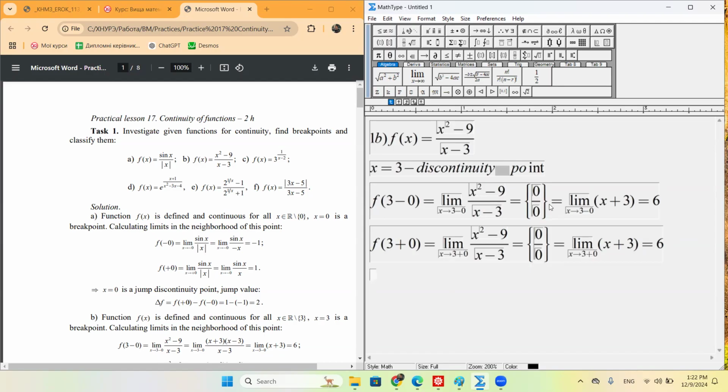And if one of them is infinite or does not exist, the second kind. So what type is this breakpoint? First. Yes, first.